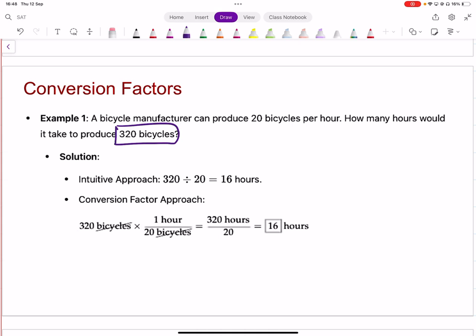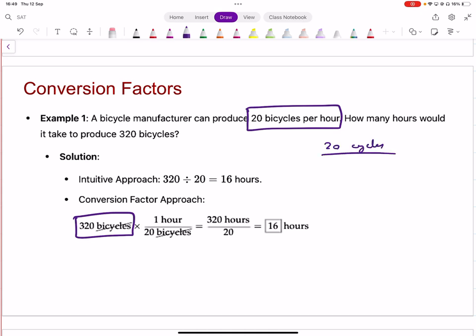That's the output that we want. We start with that. We say we have 320 bicycles. Now, what's the conversion factor? Conversion factor is 20 bicycles to 1 hour. Is that okay?